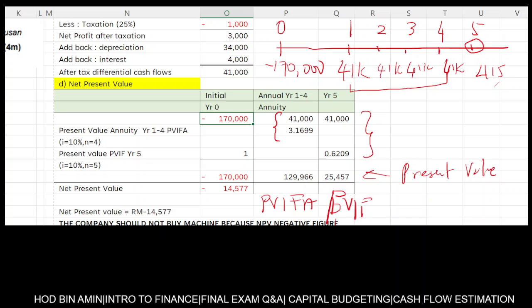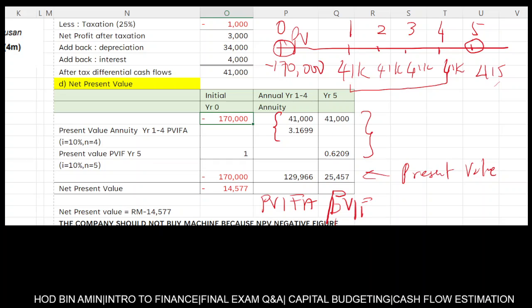So it's the future value, and the present value at year 0. Then the 170,000 at present value here is the same, 170,000.